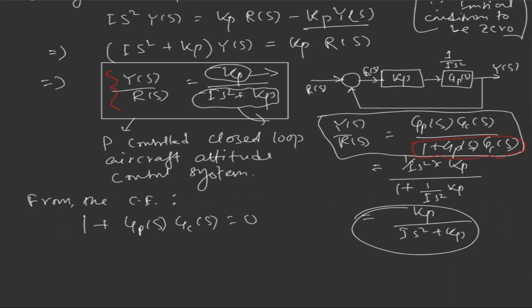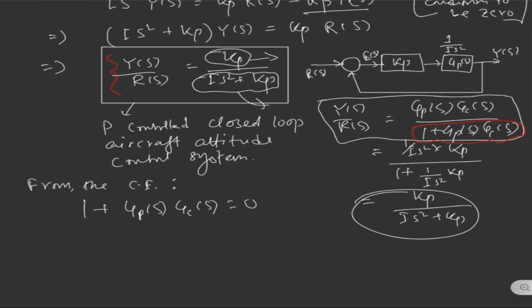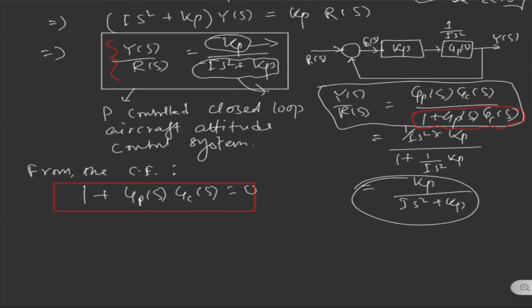This part, 1 plus GP of S plus GC of S equal to 0. So now from this expression, we can get the characteristic equation I s squared plus kp equal to 0.